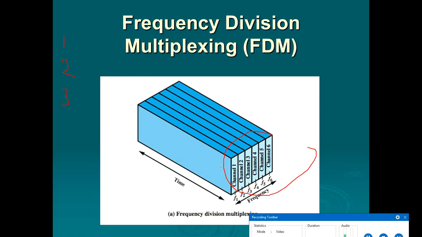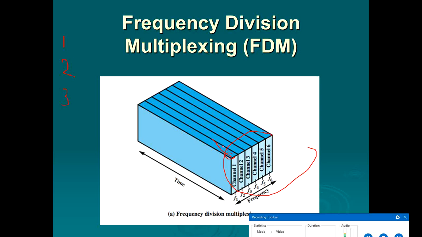It can be any frequency, frequency 1, frequency 2. Each modulated signal requires a certain bandwidth centered on its own carrier frequency, and that is referred to as a channel. So each signal that has been modulated requires its own bandwidth, which is called a channel.